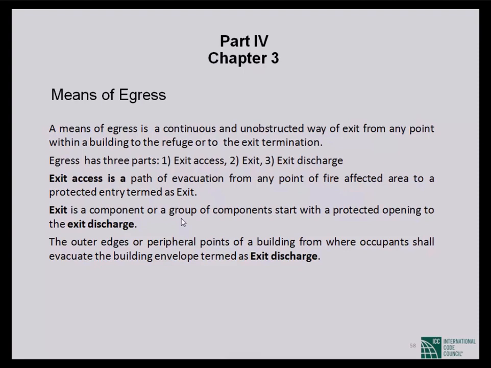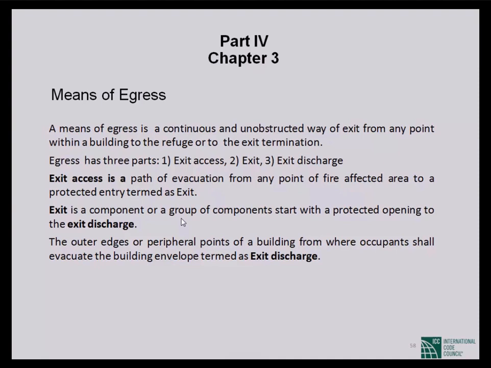So egress is a very elaborate description of how, when a fire incident happens, an occupant goes from his own point to the exit discharge. That means the safe place where he is standing, outside of the building in some defined area which is totally safe.